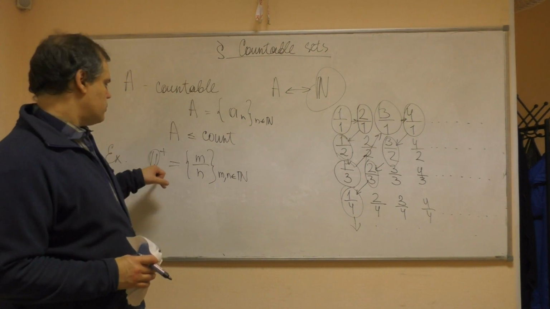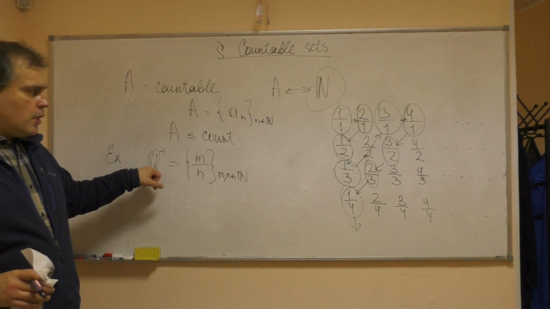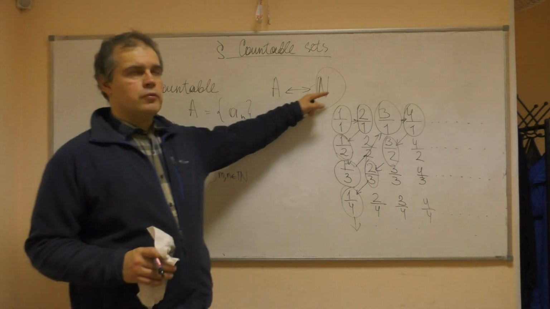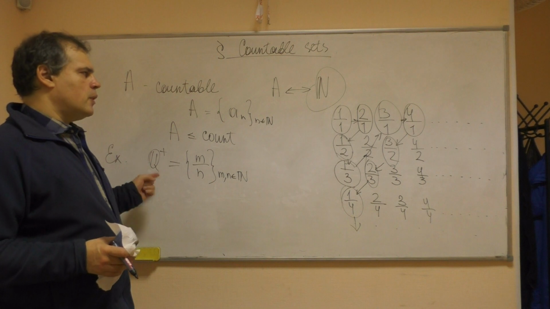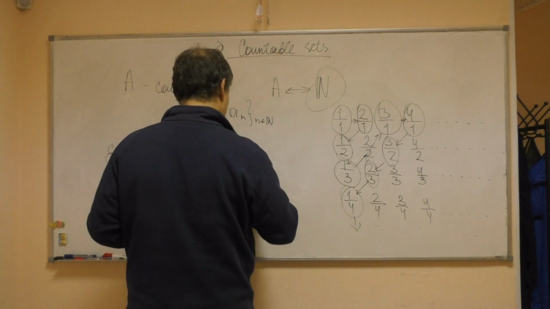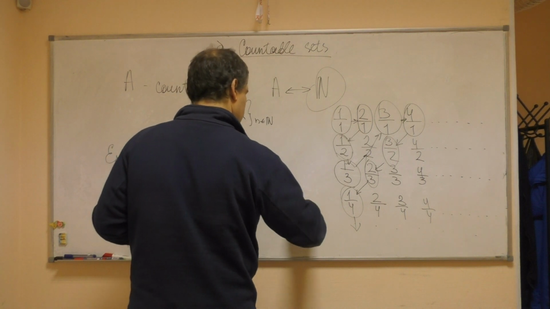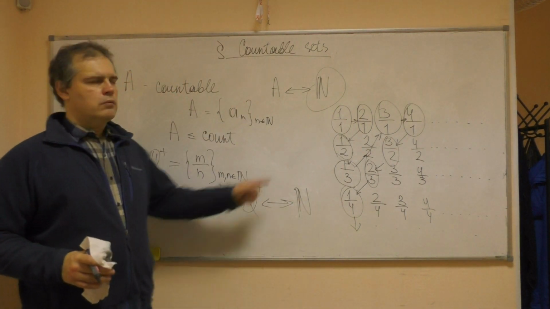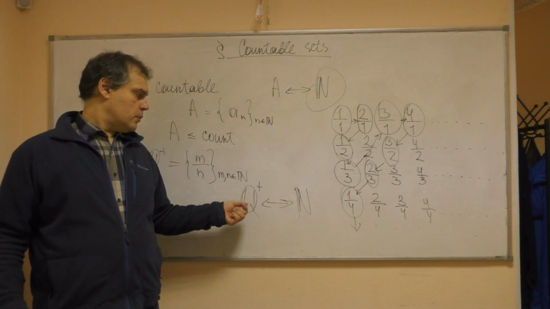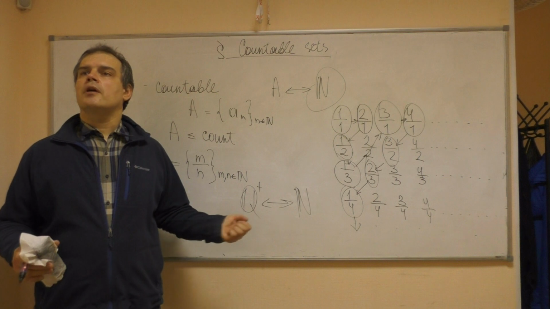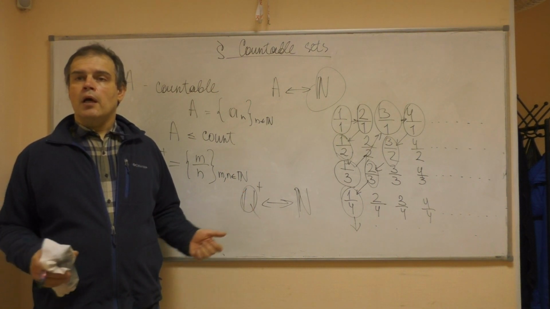We already discussed that this set of fractions is much wider than the set of natural numbers. Nevertheless, there is a one-to-one correspondence between these two sets. This algorithm sets a one-to-one correspondence between this smaller set and this one that is much bigger.